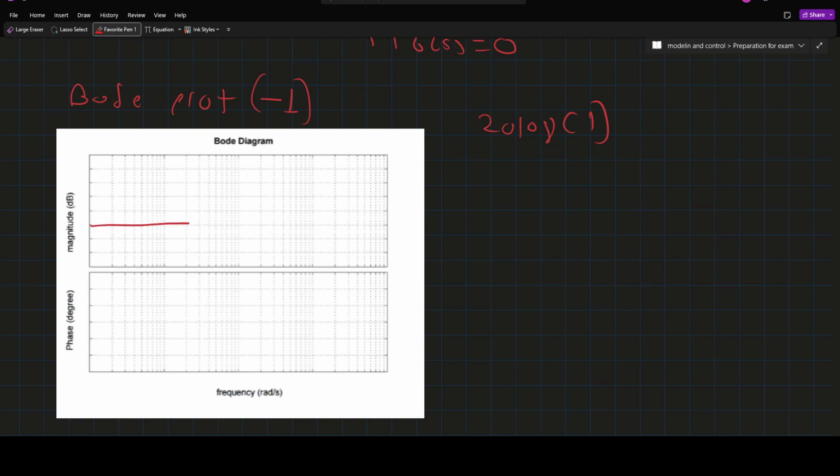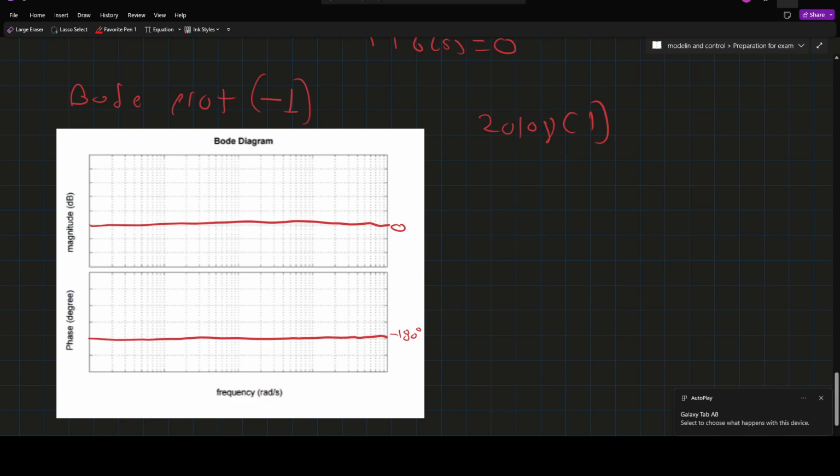So this is going to be 0 in terms of gain. But in terms of the angle, this is minus 1, and as we just saw before, this is a minus 180 degree angle. So we need to make sure that our g of s stays away from this value.